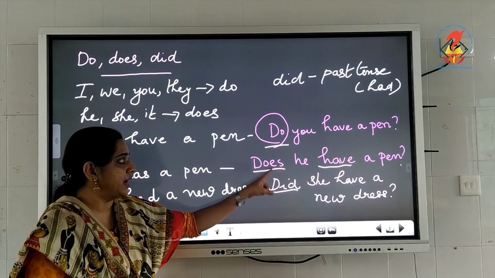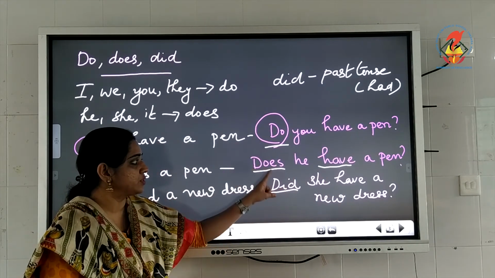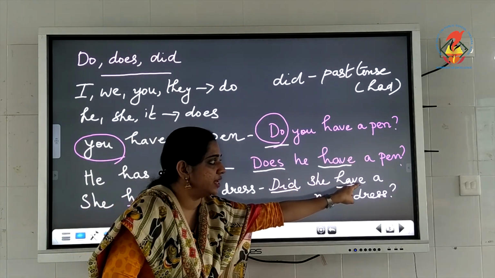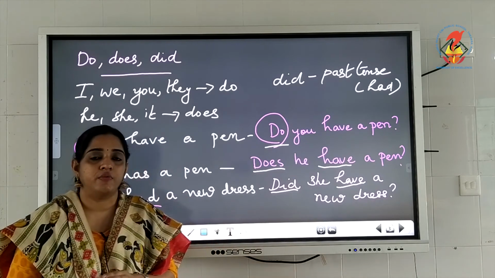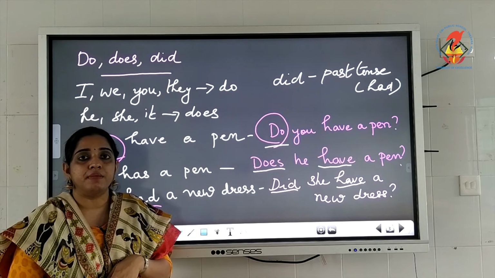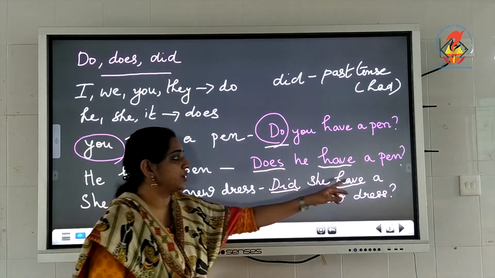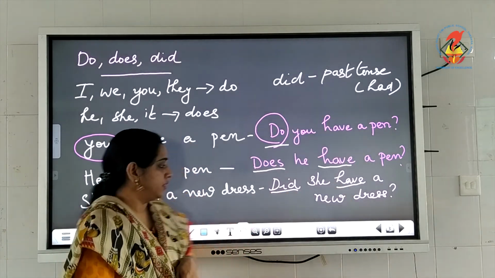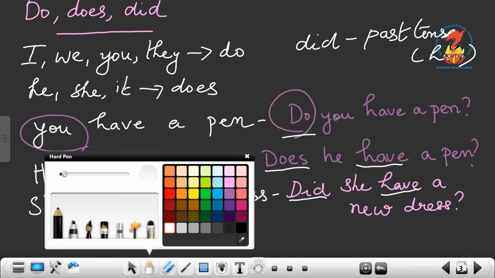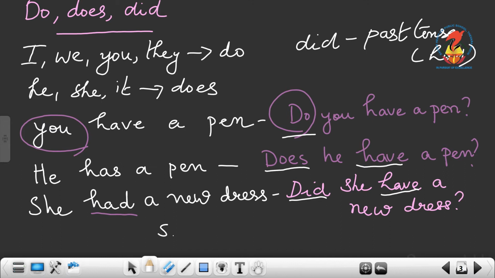Because it is does. I am using a question word. If I am using a question word, I have to use the original form of the verb always. Okay. If it is a statement like she dash a new dress, she dash a new dress.